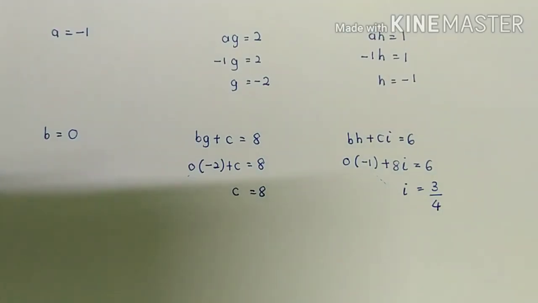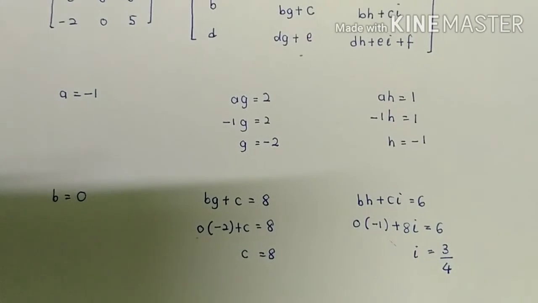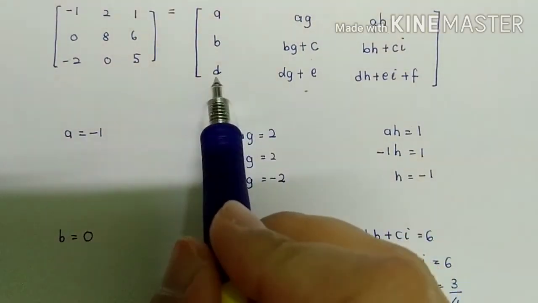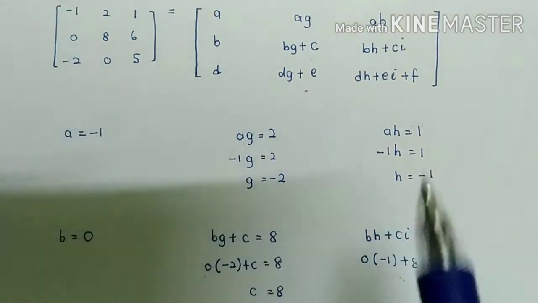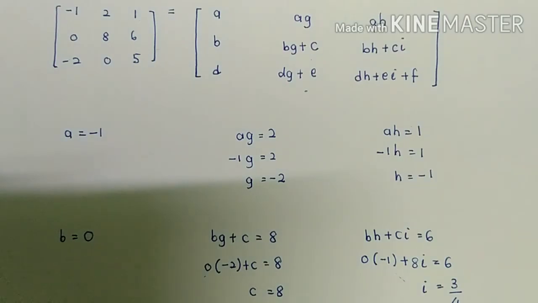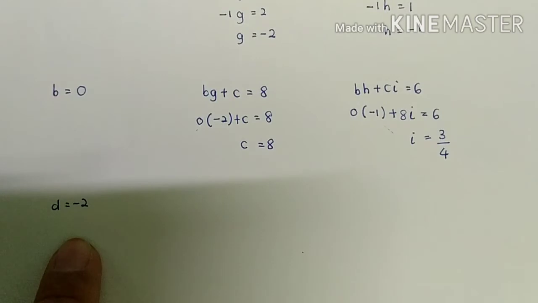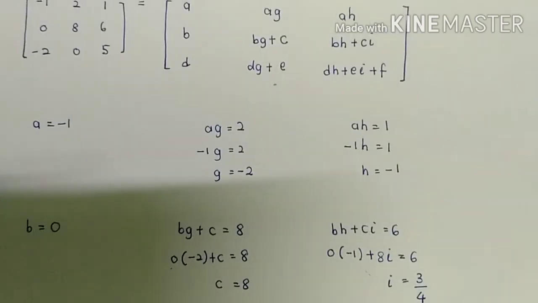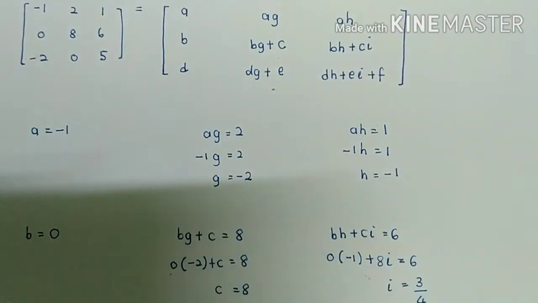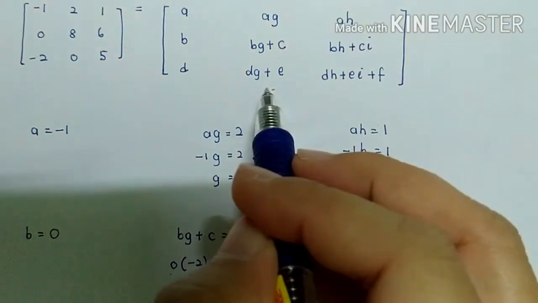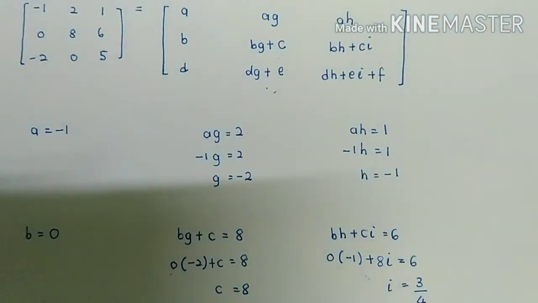Okay. And then for the last row, okay, we have D equals to negative 2. And then DG plus E equals to 0.